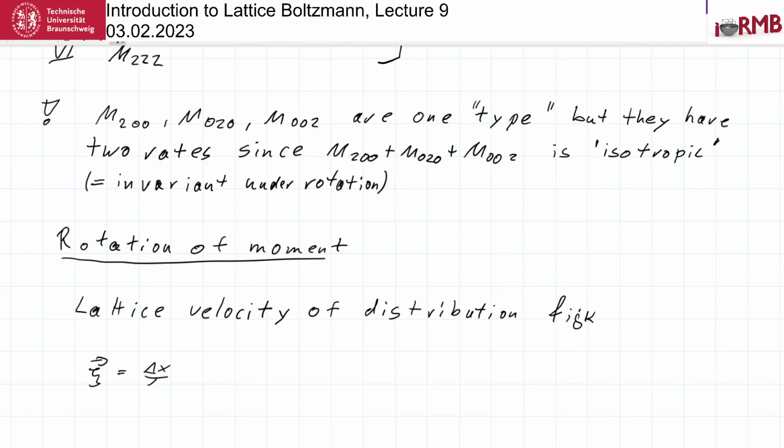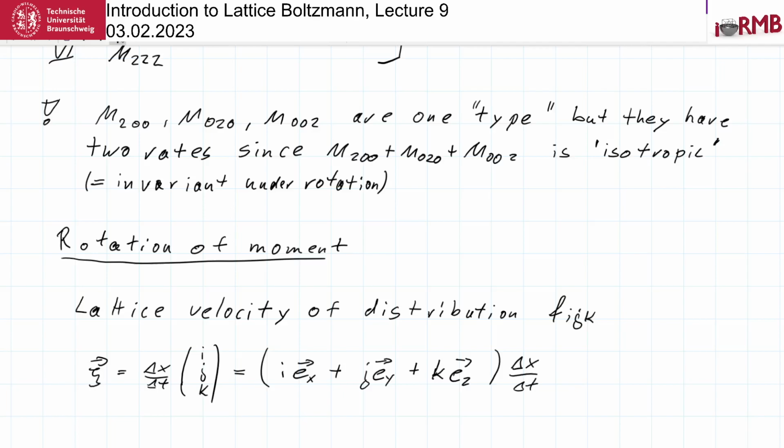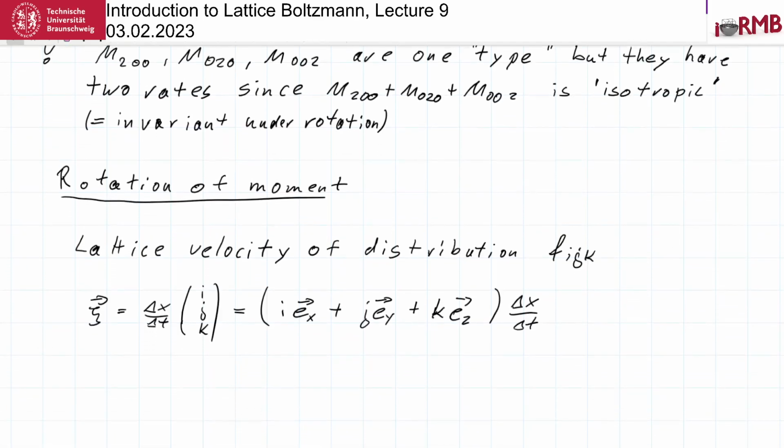This is delta x by delta t times now for the lattice i, j, and k, right? Yeah. So which means we can write this as i times the unit vector x plus j times the unit vector y plus k times the unit vector in z direction. And so formally we have to add here delta x by delta t, which for reasons of brevity and other reasons we often just omit.